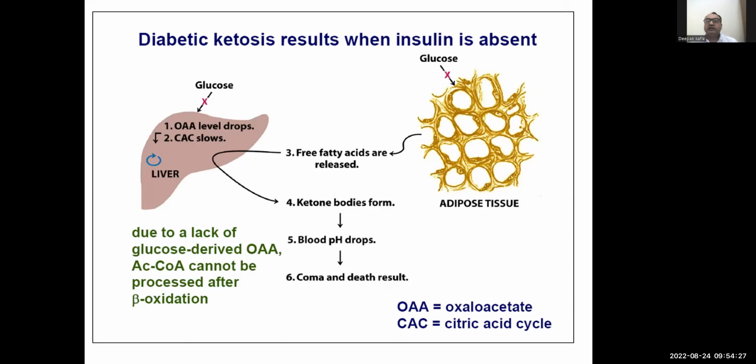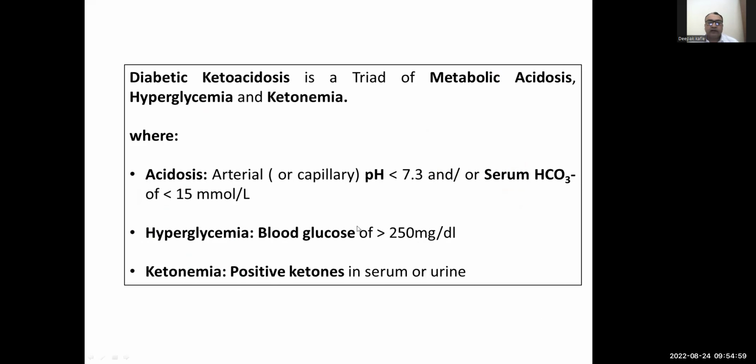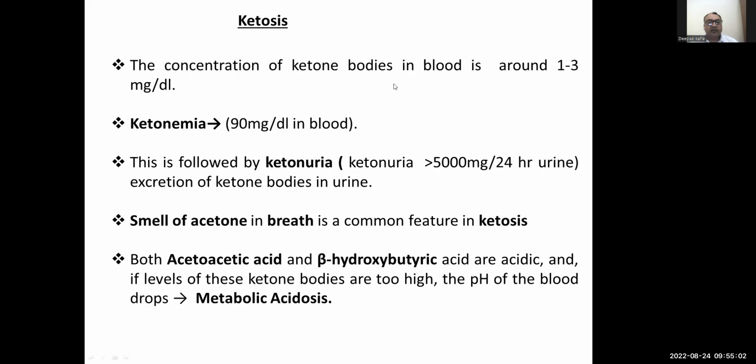But when there is low insulin, the glucagon and the counteracting hormones, such as glucagon, corticosteroids, growth hormone, and cortisol, become high, and all that will favor the oxidation of the fatty acids, and that oxidation of the fatty acids will lead to the high production of the ketone bodies. And when the concentration of the ketone bodies increases, it leads to ketonemia.